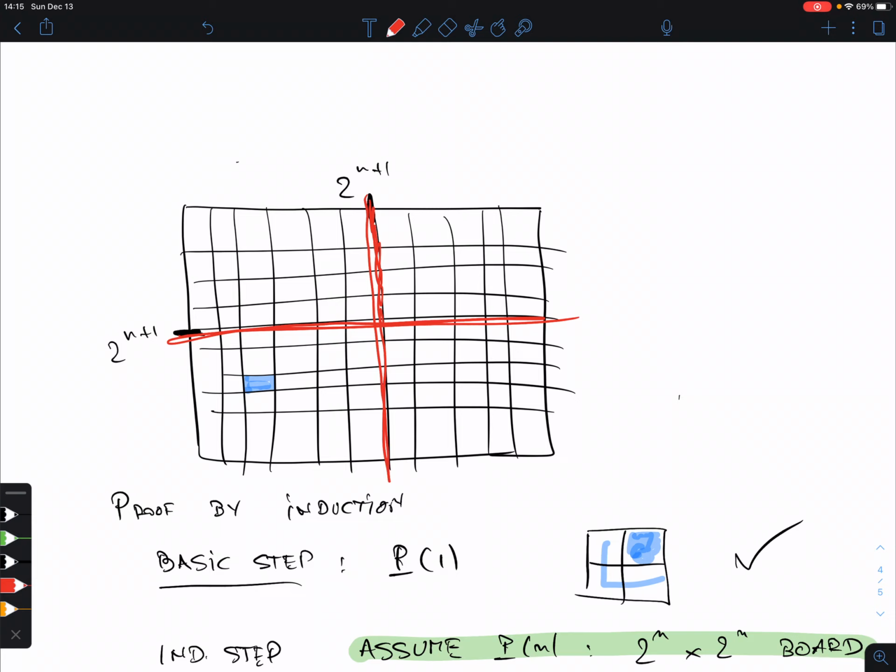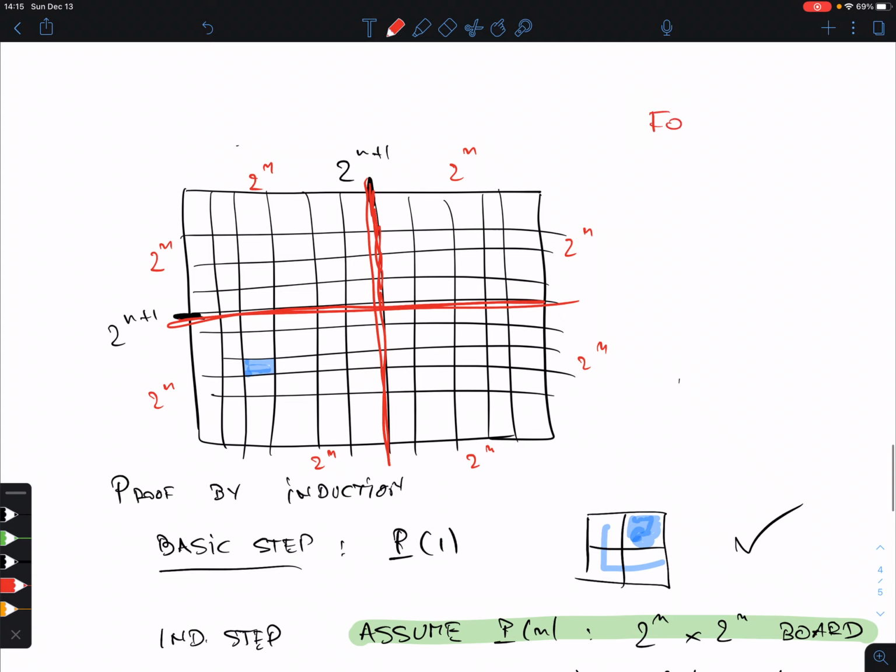What is the size of this guy? Well, half of that is 2^n, right? And what is the size of this side? Also 2^n, and this is 2^n, and this is 2^n. All these sides have now 2^n. In other words, I have now 4 boards of size 2^n times 2^n. The red boards, there are 4 of them.